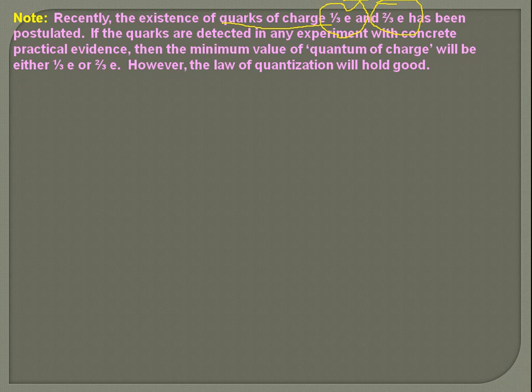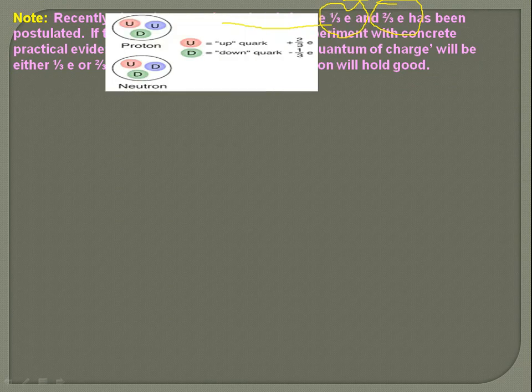For example, we have a proton. A proton is made up of three quarks. That is up quarks and a down quark. An up quark has a charge of 2 by 3 e, and a down quark has a charge of negative 1 by 3 of the elementary charge. So the proton is basically made up of three quarks, upward and downward.